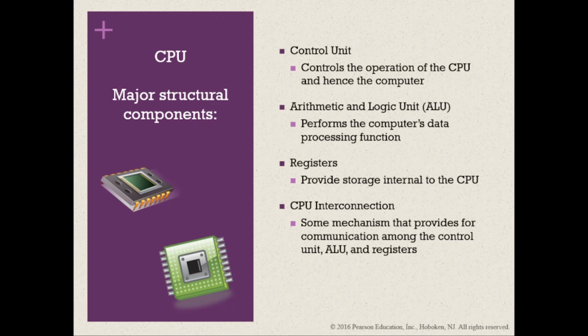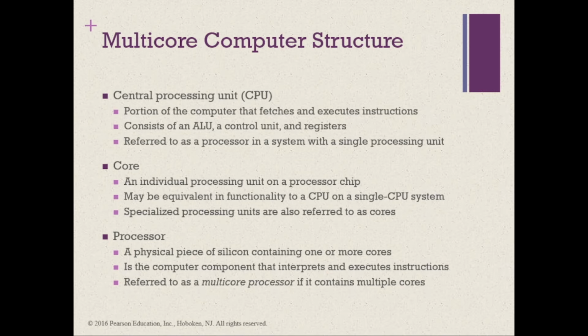Next, we have multi-core computer structure. As was mentioned, contemporary computers generally have multiple processors. When these processors reside on a single chip, the term multi-core computer is used, and each processing unit, consisting of a control unit, the ALU, registers, and perhaps a cache, is called a core.